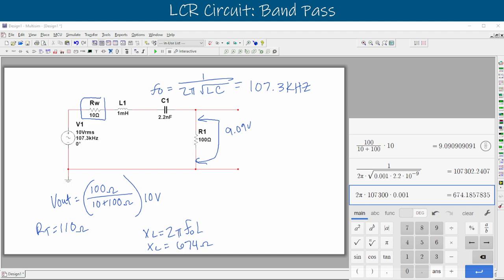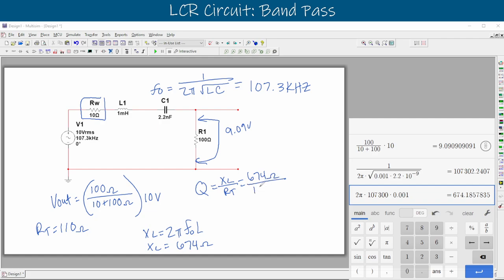And so now that we have that, we can use that to determine our quality of this filter. And our quality is Q. It's a quality factor, so it doesn't have an ending on it. It doesn't have millivolts or anything like that. It's just going to be a factor of nonlinear to linear resistance, specifically XL and our RT, right? Nonlinear and linear resistances. And so we can plug that in and say that we actually have 674 for our XL in ohms.